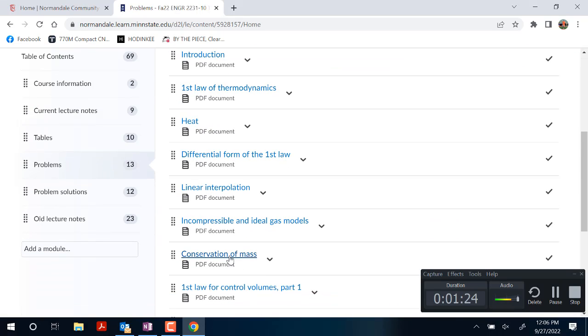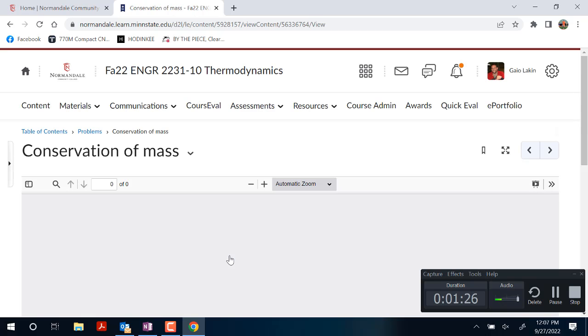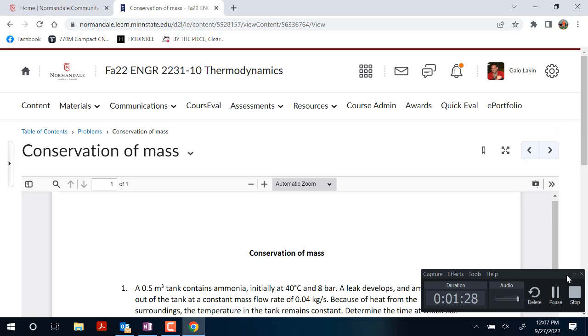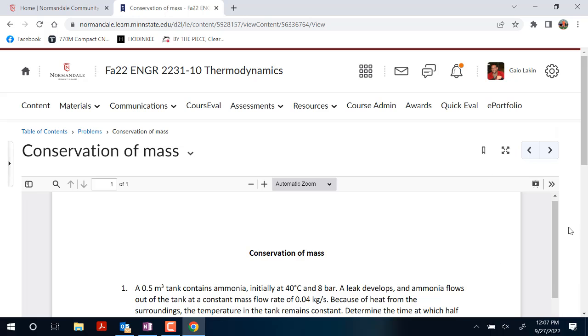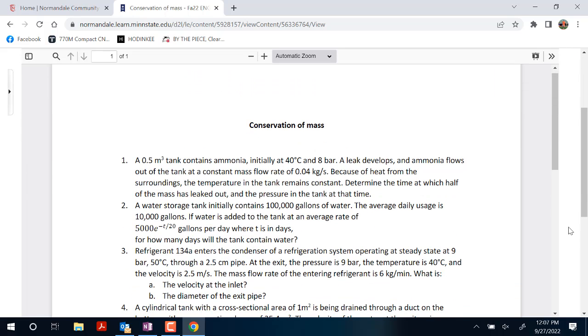All right, I'm going to start with conservation of mass number 2. There's this water storage tank. Everything's given in gallons. It starts with 100,000 gallons of water.